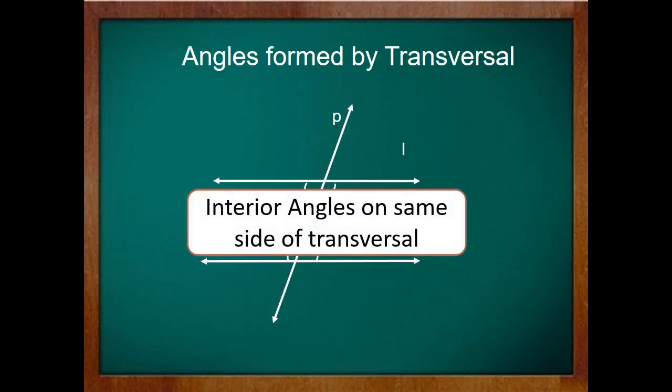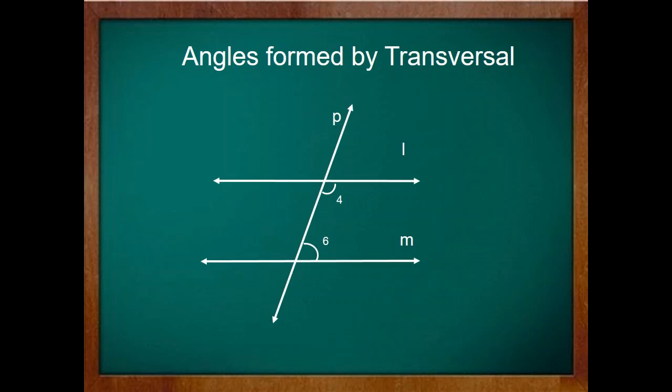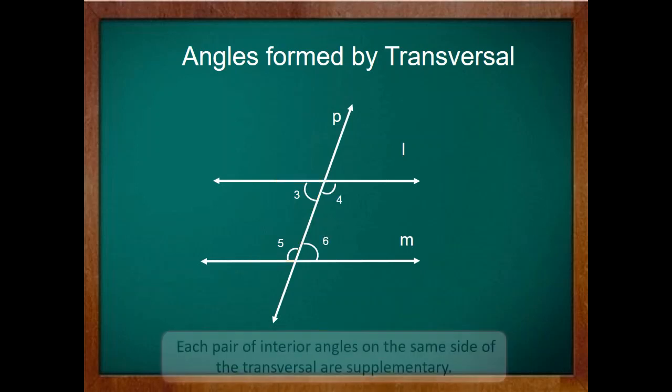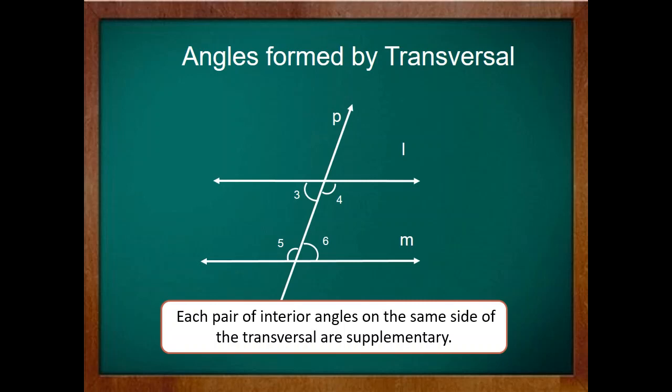Now let's learn about the interior angles that lie on the same side of the transversal. Angle 4 and angle 6 lie on the same side of the transversal P, and both of them are interior angles as well. Similarly, angle 3 and angle 5 are both interior and they lie on the same side of the transversal P. An important property to remember is that each pair of interior angles on the same side of the transversal are supplementary.